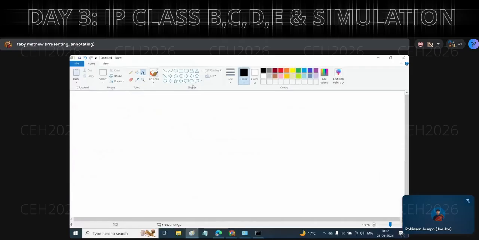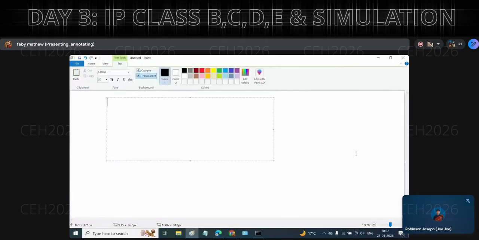There are two types of IP addresses. When IANA created the IP address, it created two types: private IP address and public IP address. So what is a private IP address and what is a public IP address?